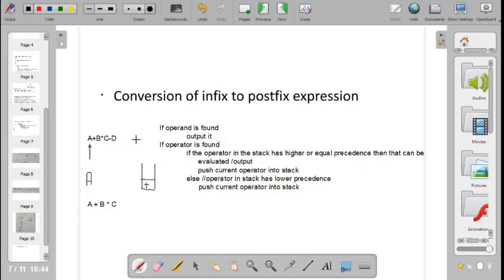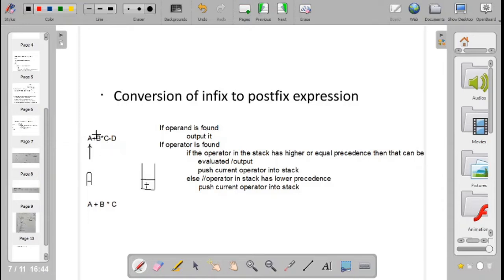Even if we are not taking a decision about the current operator, we have to mention that whenever you read an operator, you can take a decision about those operators to its left. Here there are no operators to the left, but we'll come to it later.